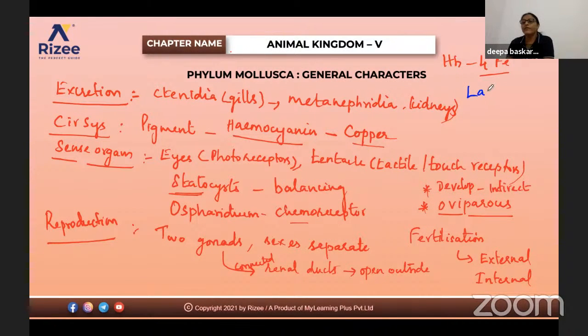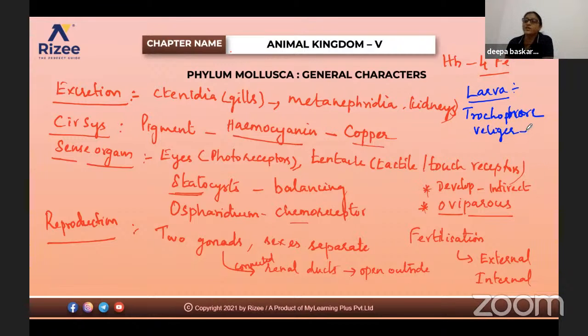So they have a larval stage. There are different types of larvae for different mollusks. One is trochophore, and one more is veliger. These are the names of larvae.